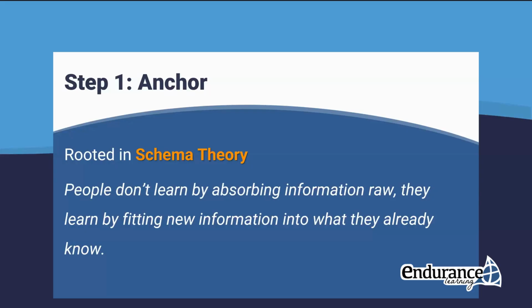They learn by fitting new information into what they already know. This is the reason why I wanted to use that refrigerator magnet activity to get a feel for what your process is. It's a way to start getting people thinking about training design in general. Now we can start talking about some other stuff.